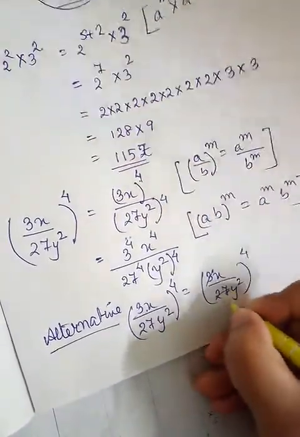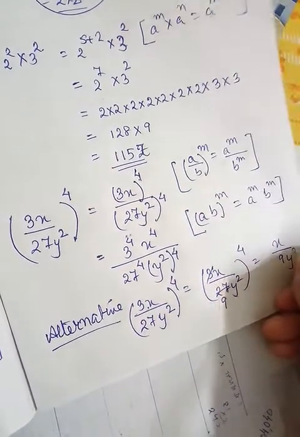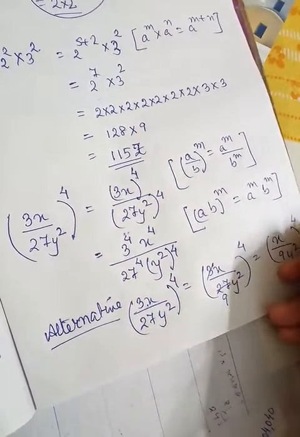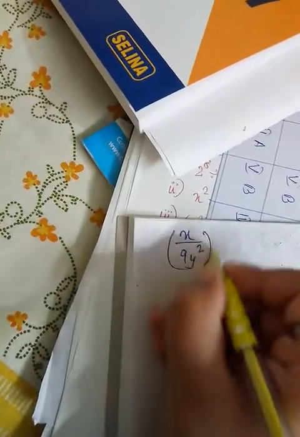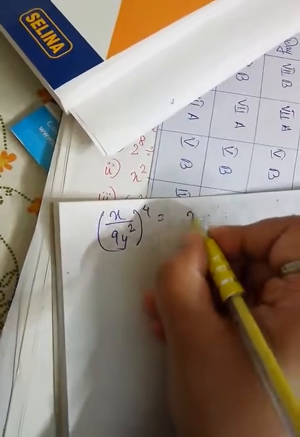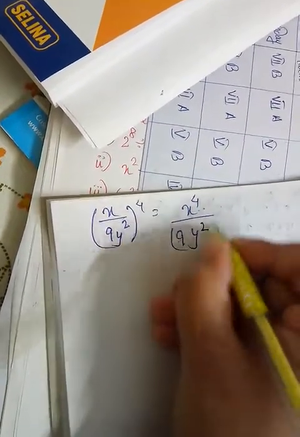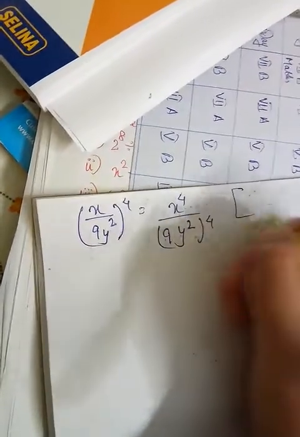So, it will be 1 by 9. So, we have (x by 9y square) whole to the power 4, and now we will use our laws of indices. So, it will be x to the power 4 by (9y square) whole to the power 4. We will write the reason.